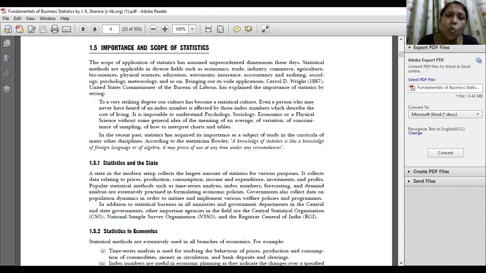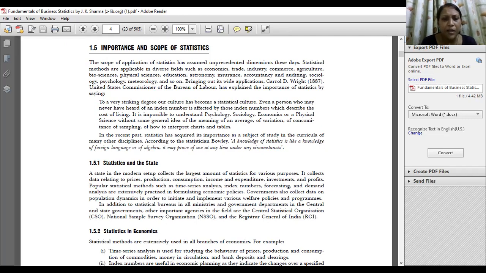So, what is the scope of statistics nowadays? Why should we learn statistics? The scope of application of statistics has assumed unprecedented dimensions these days. Statistical methods are applicable in many fields: economics, trade, industry, agriculture, bioscience, physical sciences, meteorology, everywhere.